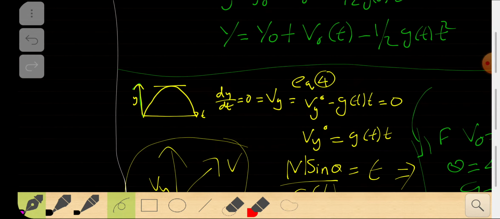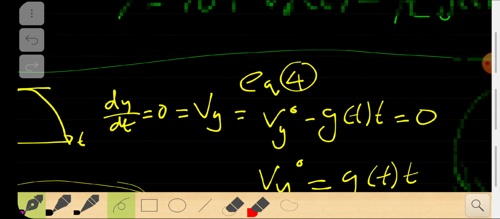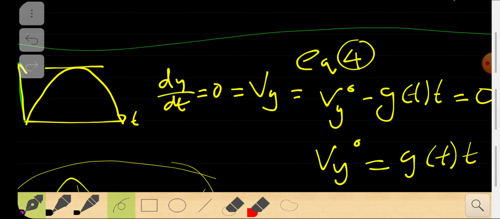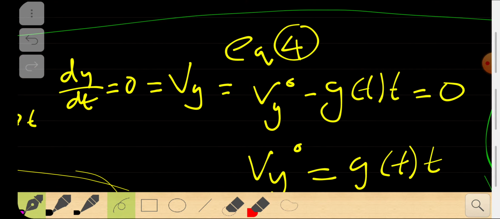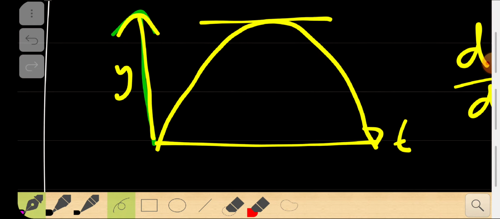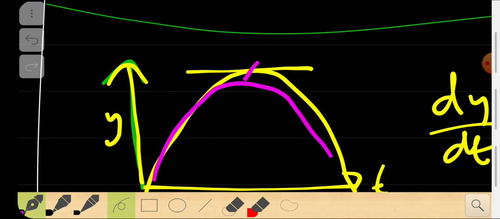Now I'm going to bring back equation 4. Equation 4, as you remember, is for Vy, right? Before that, if you take the y versus time graph, you see that this is the plot, and you can see that at some point the slope of this curve is just 0.